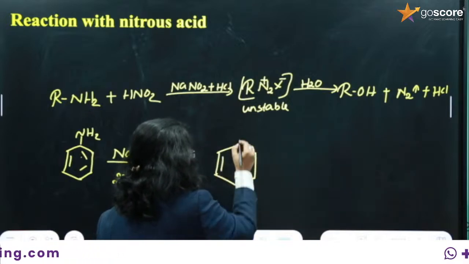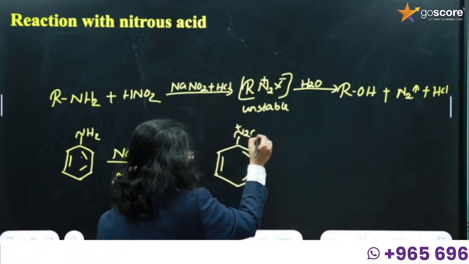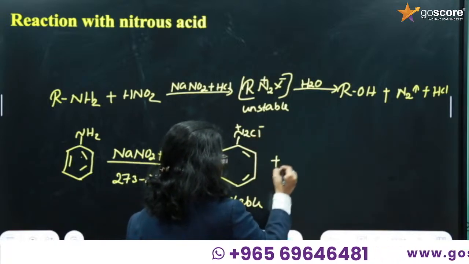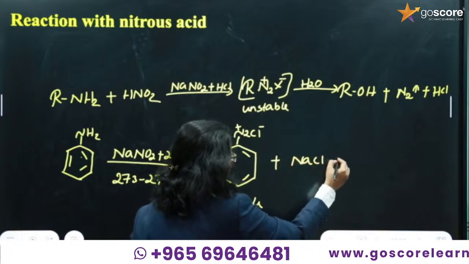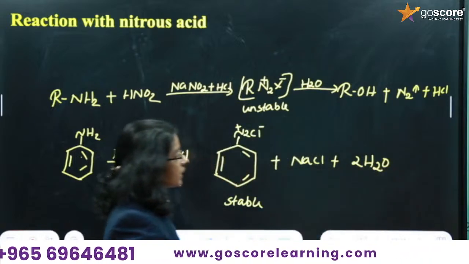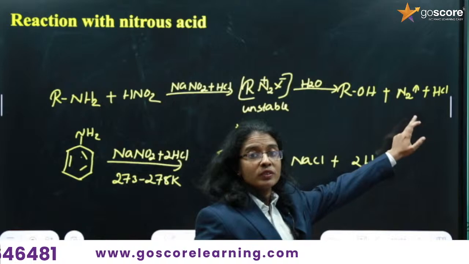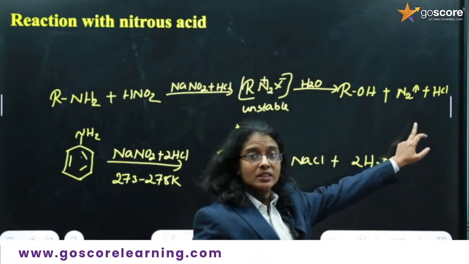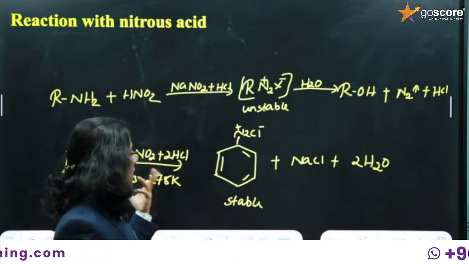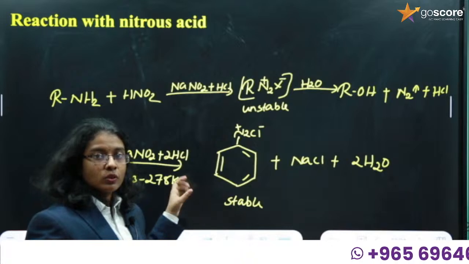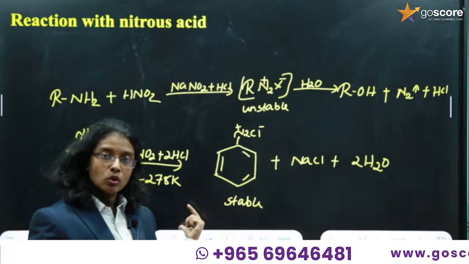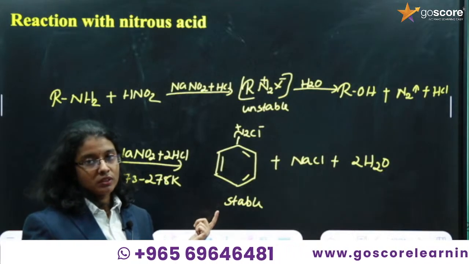Benzene diazonium salt will be obtained, that is stable due to resonance, plus H2O. So here you can see no evolution of nitrogen gas. The compound is stable, so you didn't get any reaction here. If nitrogen gas is evolved, you can say aliphatic primary amine. If not, it is aromatic primary amine.